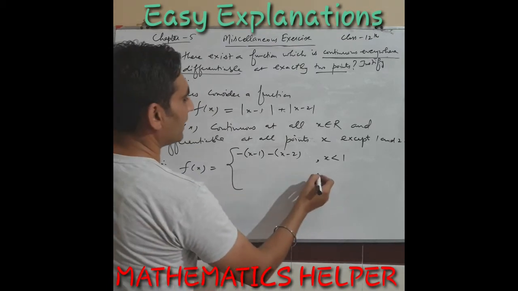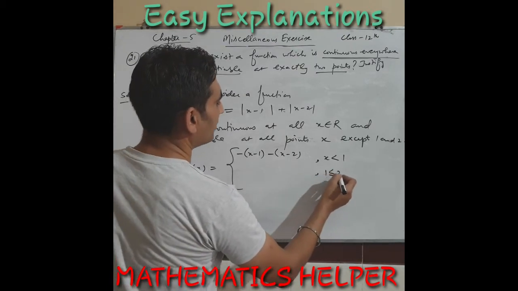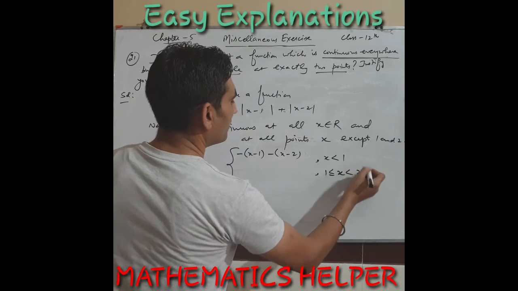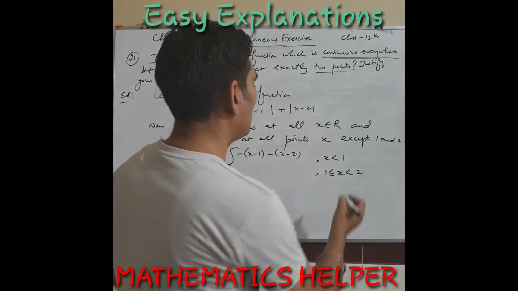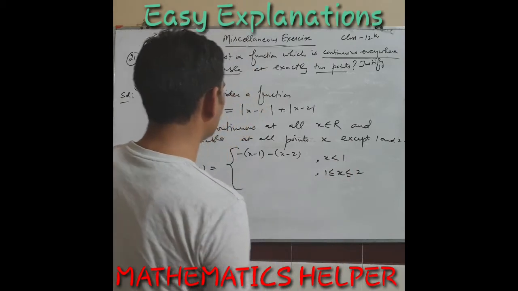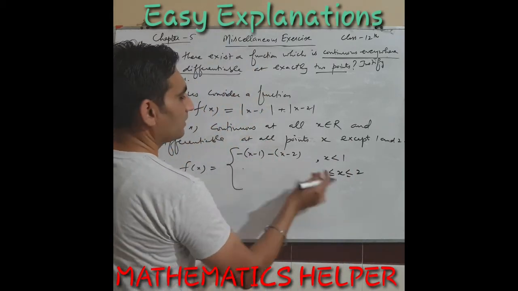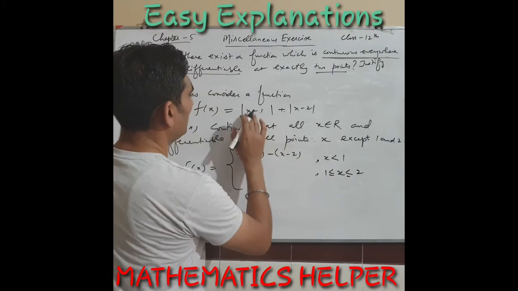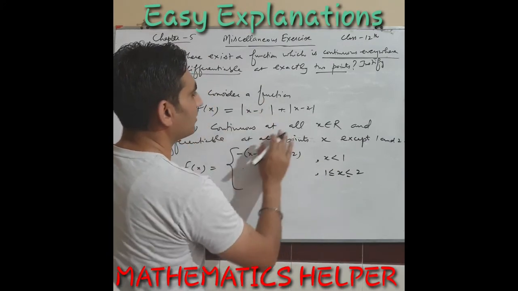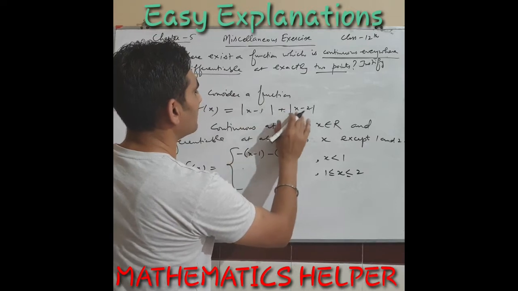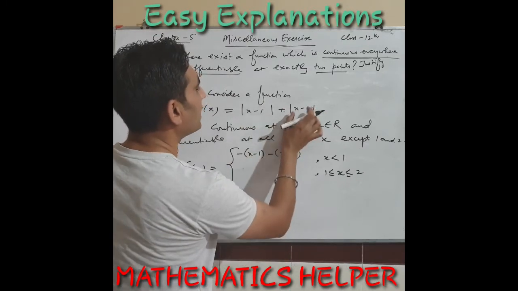Similarly, if your value lies between 1 and 2, meaning x is 1 or 2 or in between these two, then what will it be? If it is 1, it will be 0, or if it is greater than 1, it will give a positive value. But if that same value, between 1 and 2, is used here, it will be negative.